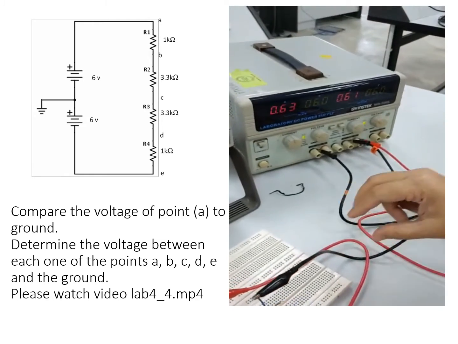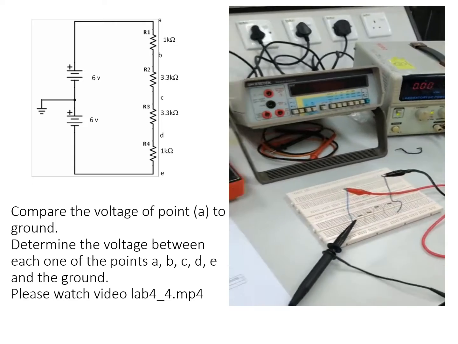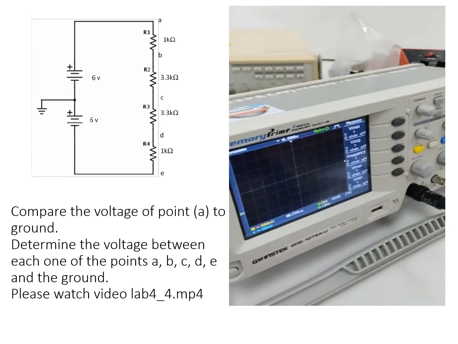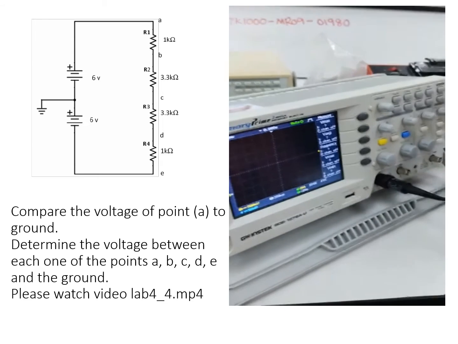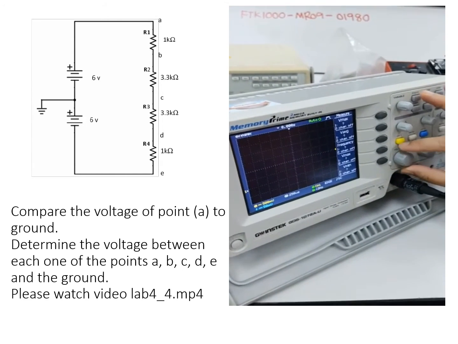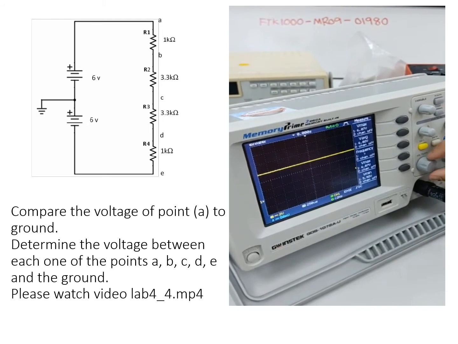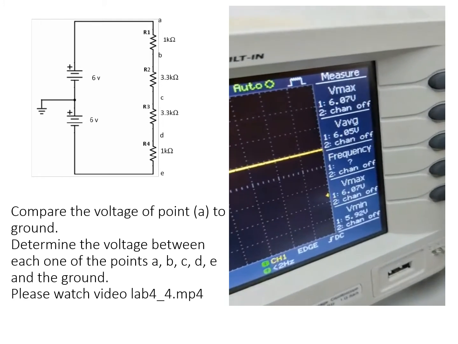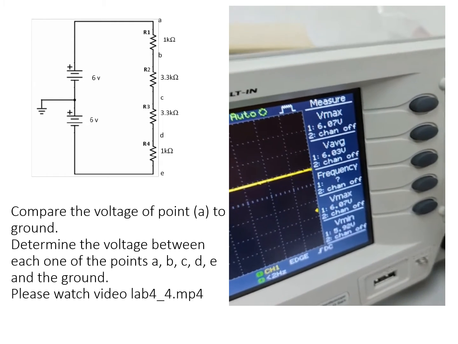Now we switch on the DC power supply. Now we want to see the output from the oscilloscope. We can see here that the output Vmax is 6.07 volt.